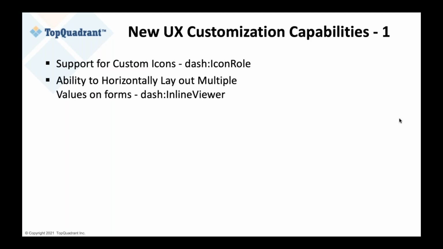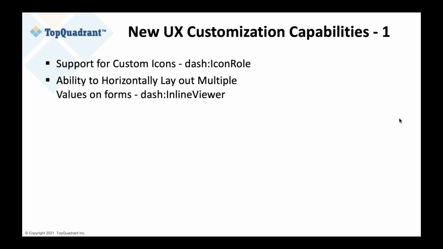So let me now talk about this new user interface customization capabilities. So specifically, you could now define custom icons for different assets and types of assets. And this is done using this dash icon role property in ontologies that you develop.